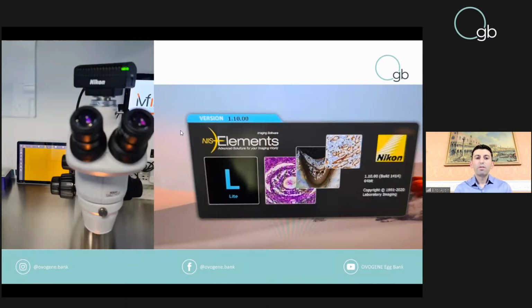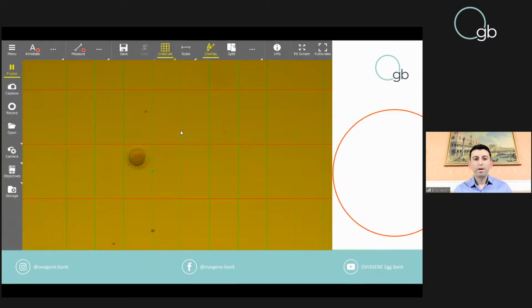The dynamic camera is just connected to the stereo microscope and the software is already active in the background. When you start to work in the process, the software starts to calculate automatically. When you stabilize the picture, you just take the image and you continue your work, and the calculation in the background continues. As you see, there are many square grids here.